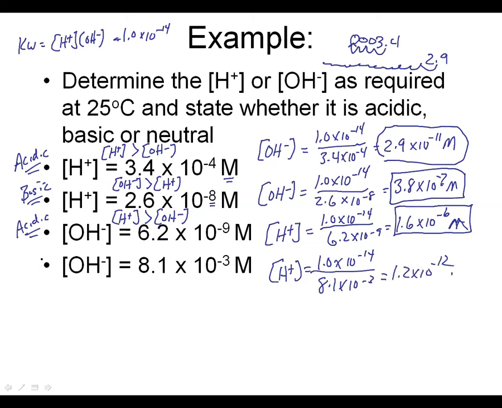And in comparisons, in this case, what we see is actually the H plus concentration is less than the OH minus concentration. That basically means that the base part is larger than the acidic part, and that would make this last guy here basic. Any questions on any of those calculations, how we figured out acidic, basic, or neutral?